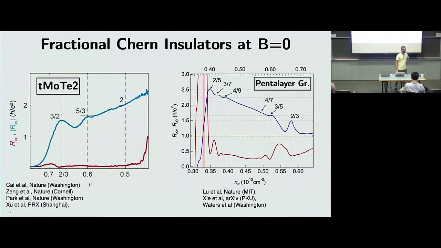All right. So as I mentioned, our inspiration today is the lovely experiments from Xiaodong's group and many others now, and also Longzhu's group on both twisted MoTe2 and pentalayer graphene. So both of these are what I would call phenomenal realizations of fractional Chern insulators or fractional quantum anomalous Hall physics at zero magnetic field.